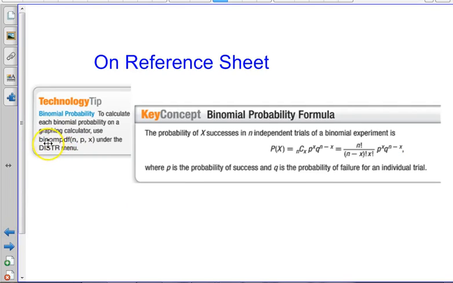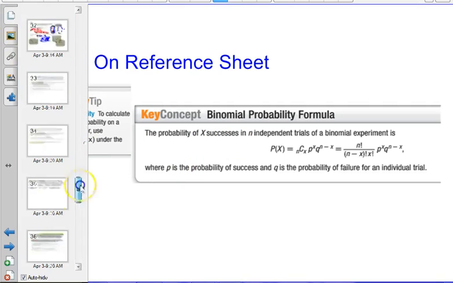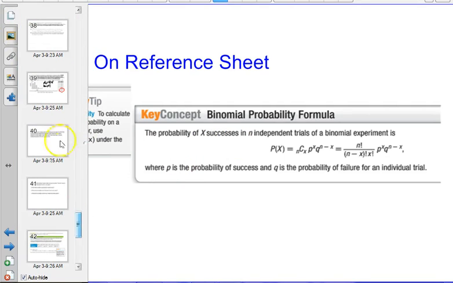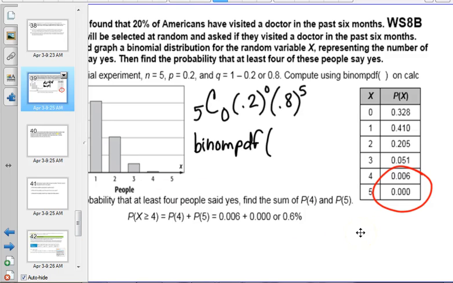Right here, Binom PDF, and it's N. What does N stand for? Right over here, it says number of trials, right? Comma P, which is probability of success, comma X, which is the number of successes we want to have. And it's under the distribution menu. Okay, let me fly back to where we were.